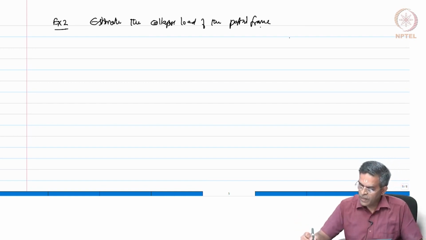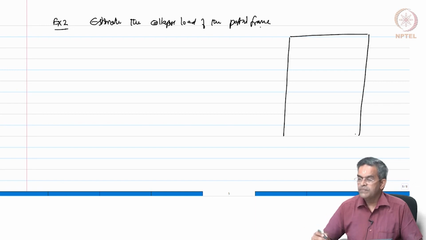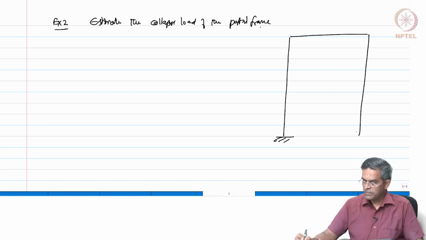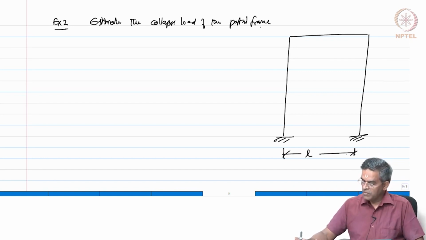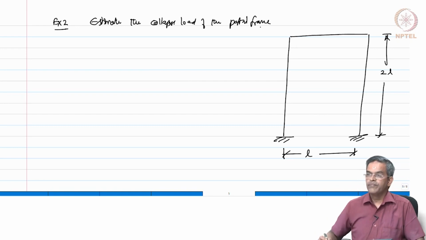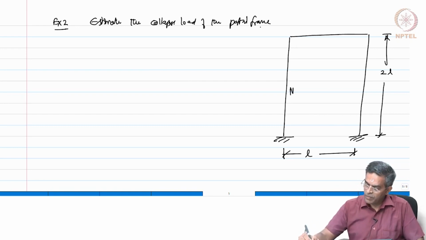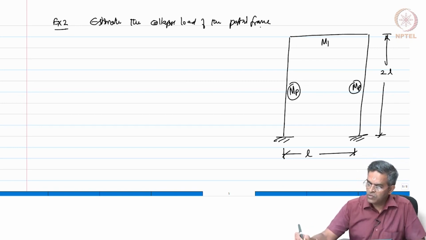Let us draw the portal frame. Let us say the length or the span of the beam is L and the height of the column is 2L, and the column has a capacity MP, whereas the beam also has a capacity MP.